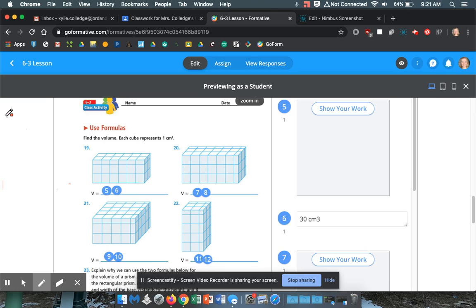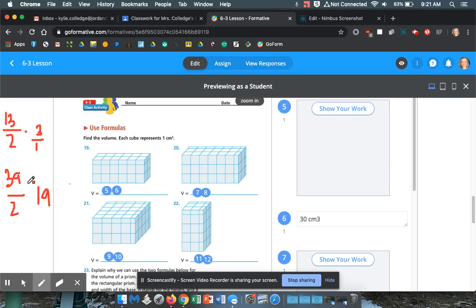So our 6 times 2 is 12 plus 1 is 13, times 3 over 1. So 13 times 3 is 39 over 2. 39 divided by 2 is 19. 2 times 19 is 38.